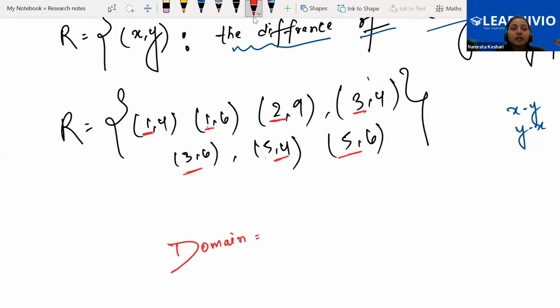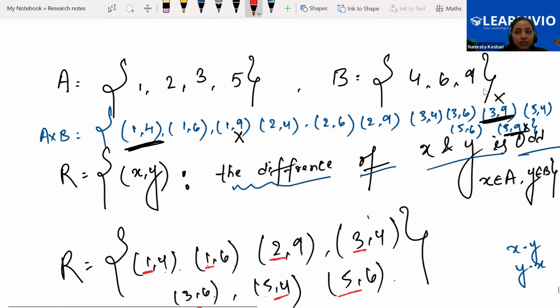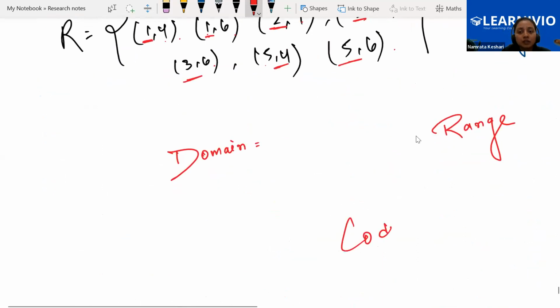All the first elements are the domain of the relation. And all the second elements, 4, 6, 9, 4, again 6, 6, these are called the range of the given relation. Maybe also called codomain, and codomain will be the set of all second elements, 4, 6, 9, everything all together.